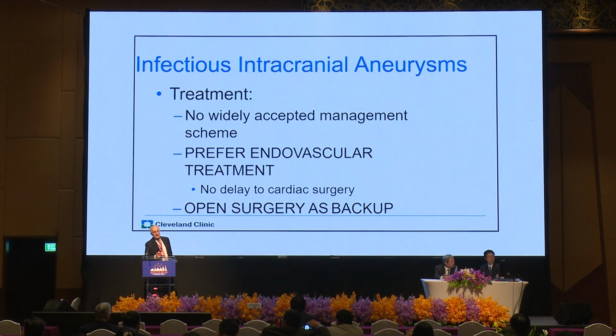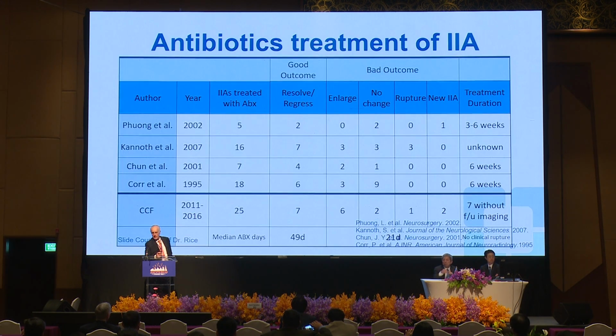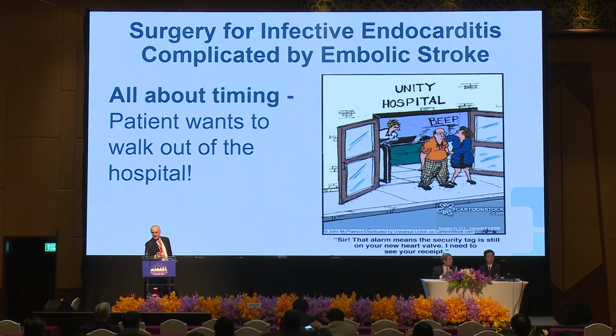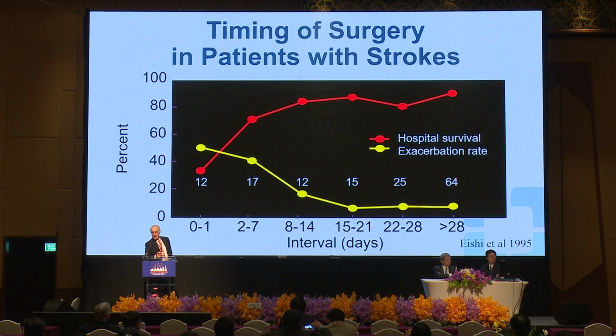But they still do a lot of endovascular interventions on these patients, and sometimes they do open surgery. You've already seen that. So what are the implications for the timing of surgery? How should we use this when we see patients with neurological complications?